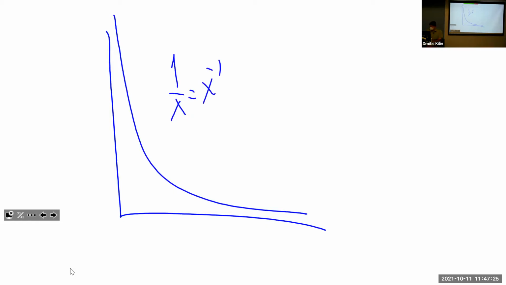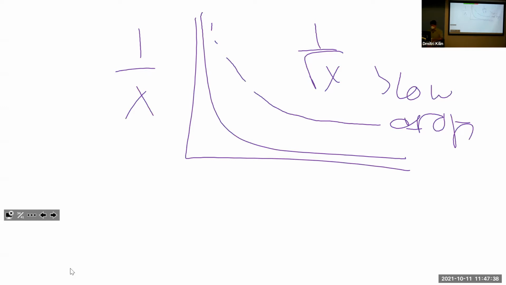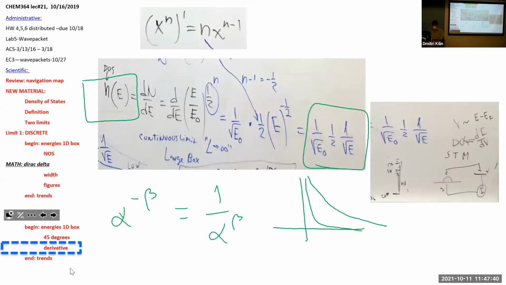And if we have a shallower power, like x to the -1/2, it should go not as aggressively, right? Okay. So we took the derivative, we found this thing.